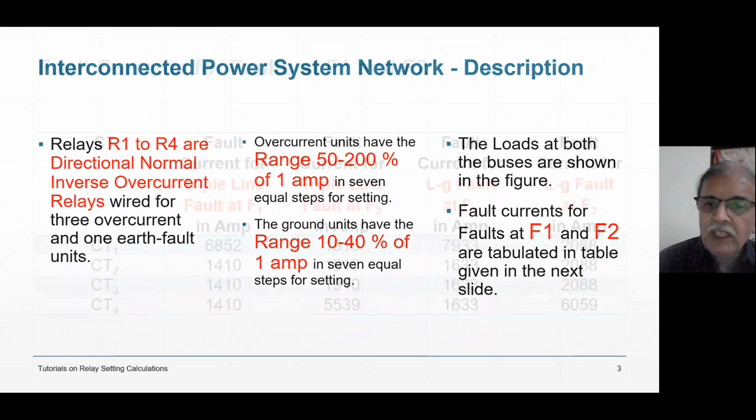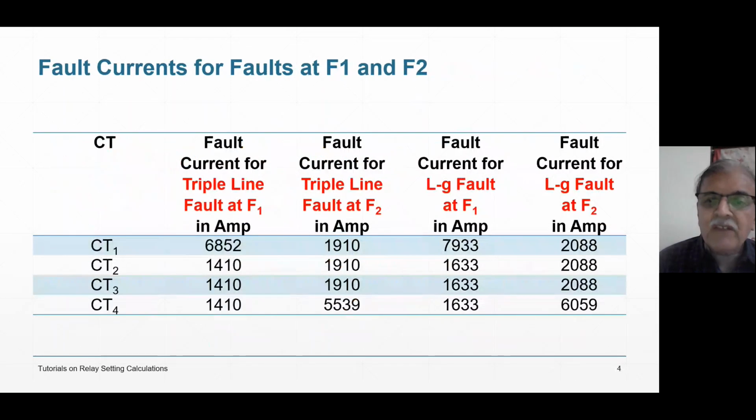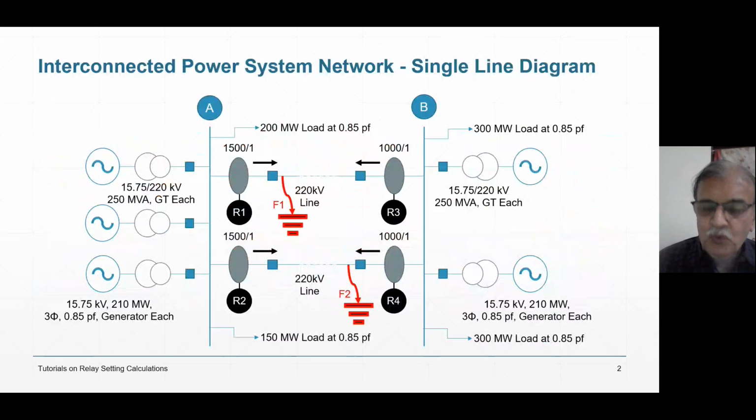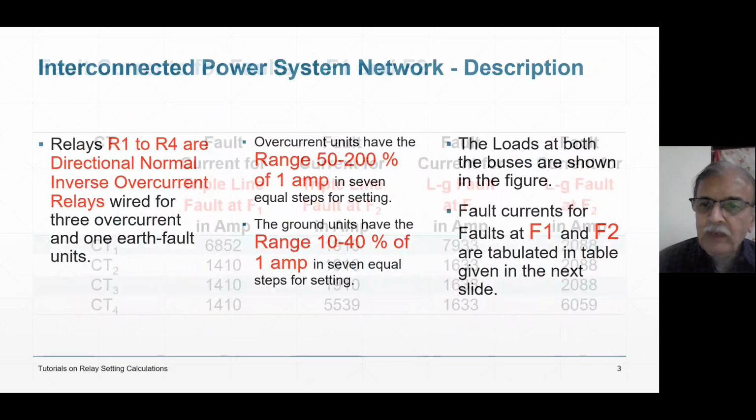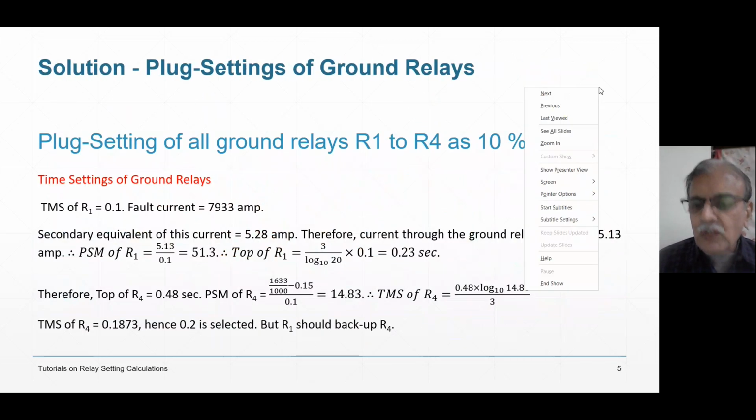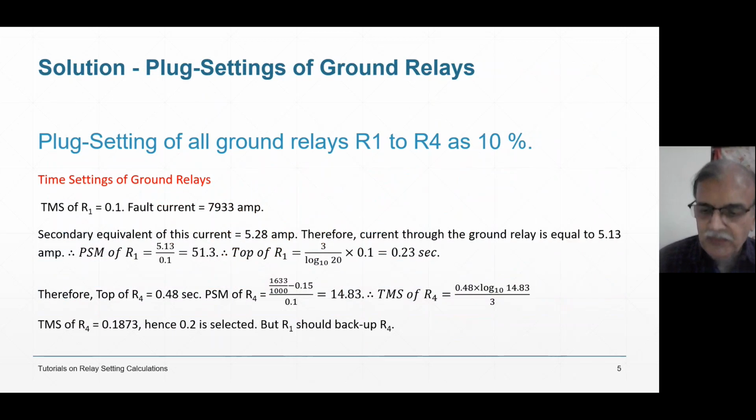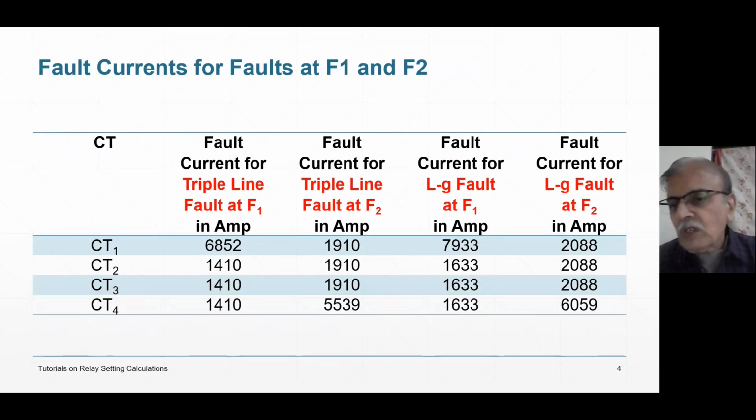Then current flowing through CT1 is 7933 ampere and through the other three CTs, the same current, 1633. When fault occurs at F2, friends, fault occurs at F2, the current in R4 will be maximum, that is 6059, and 2088 amperes in all other CTs, that is CT1, CT2, CT3, CT4.